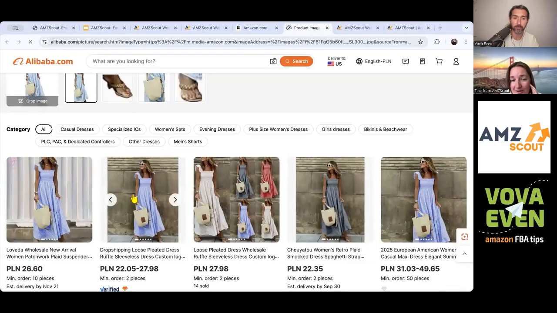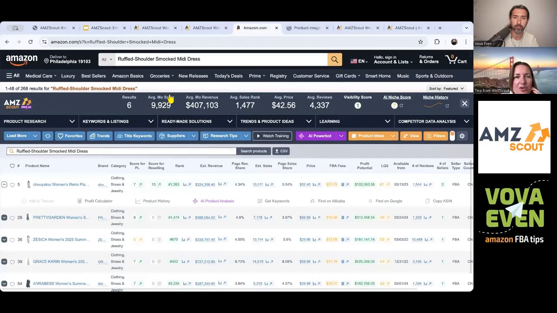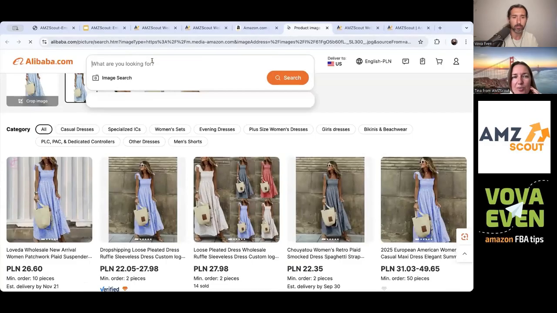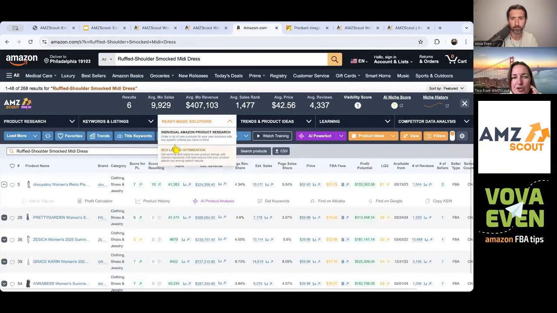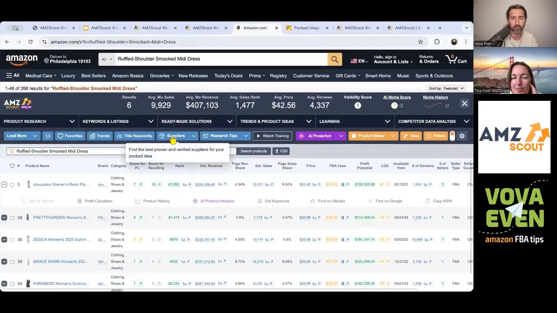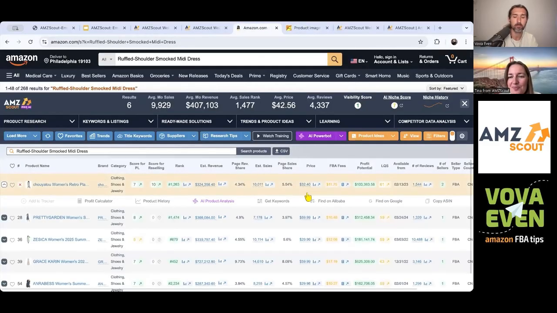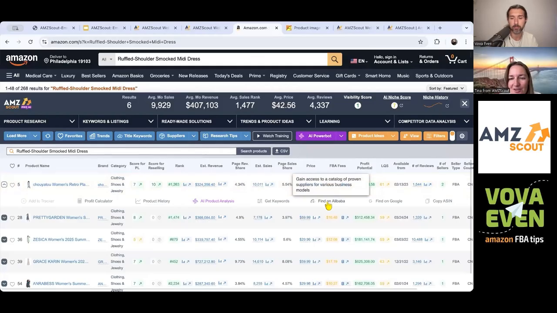Found on Alibaba, right? Because if you type something like ruffled shoulder smocked midi dress in this search bar here, you'll find thousands of different dresses. And our supplier search here, it'll find by keyword, it'll find a lot of dresses, but not that particular. If you want to find this particular dress, it's better to use this button under the product, find on Alibaba by image.